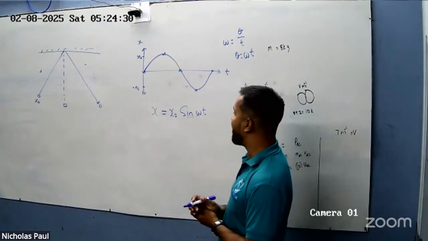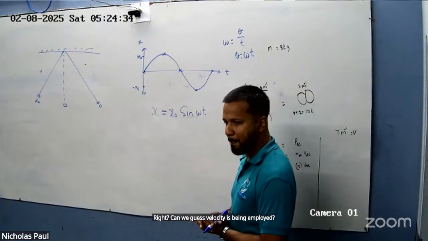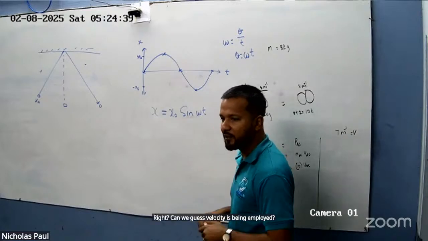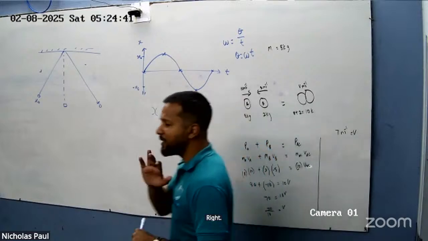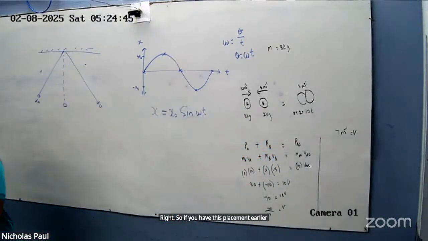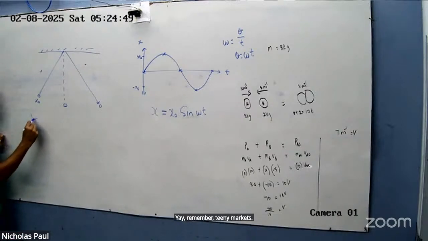Can we figure out how velocity is behaving? Or they should remember this. So if you have displacement earlier, you remember kinematics?